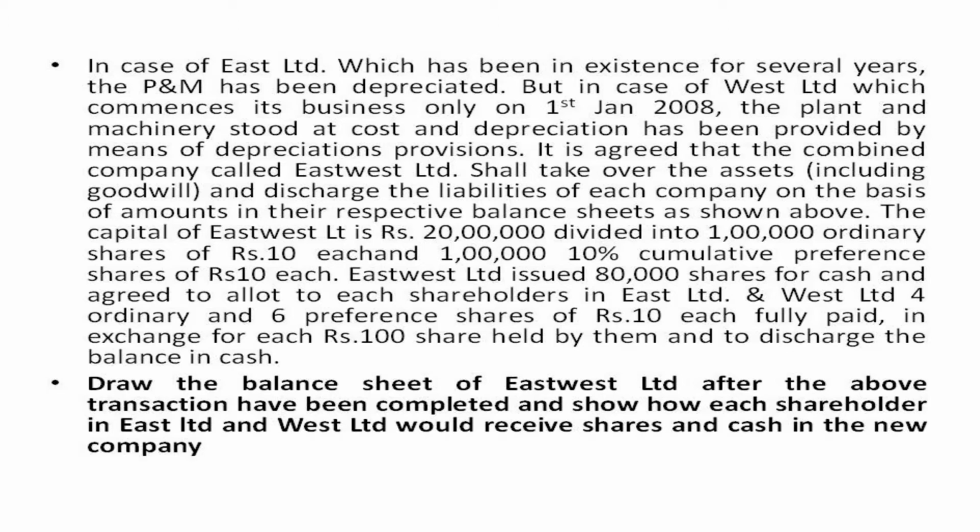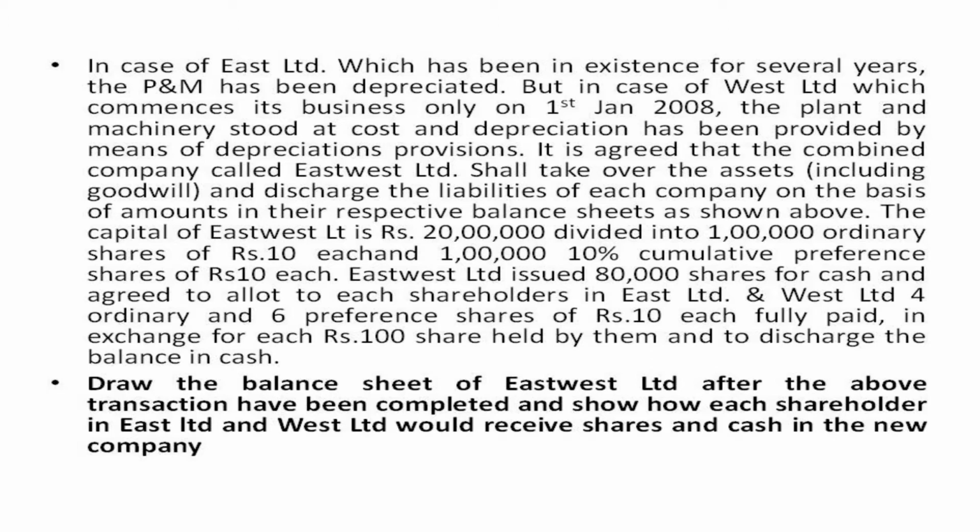It is agreed that the combined company called East West Limited shall take over the assets and discharge the liabilities of each company on the basis of the amounts in their respective balance sheets as shown above. The capital of East West Limited is 20 lakh, divided into 1 lakh ordinary shares of 10 rupees each and 1 lakh 10% cumulative preference shares of 100 rupees each.